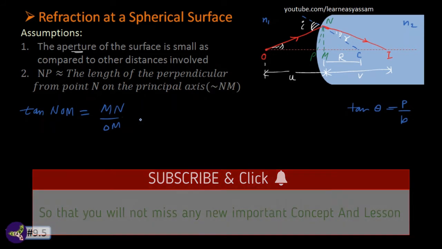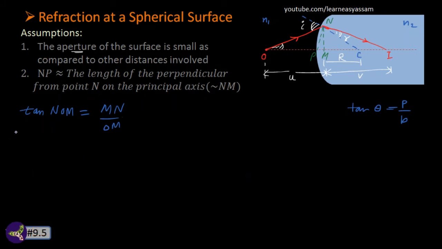This is OM. Then another triangle we have to consider: tan NIM. N is this, I is this, M is this. So the perpendicular will remain the same, that is MN, and the base will be different.